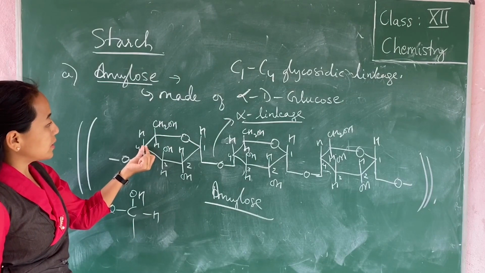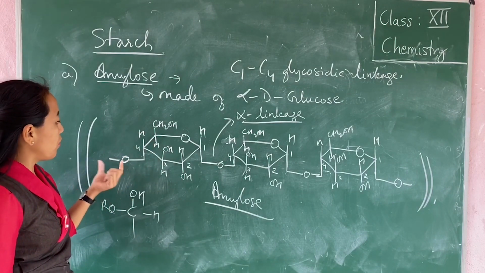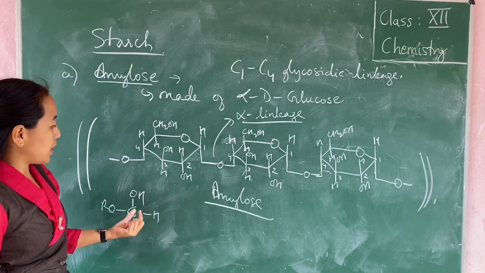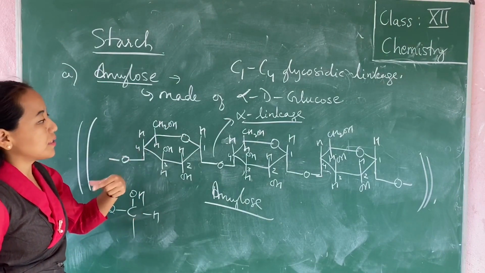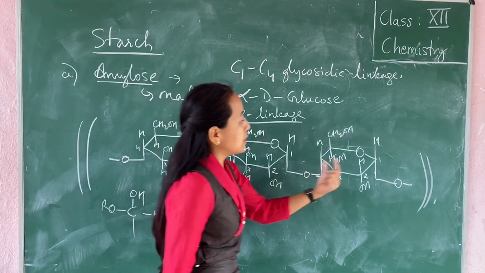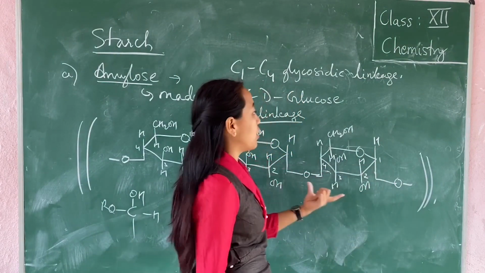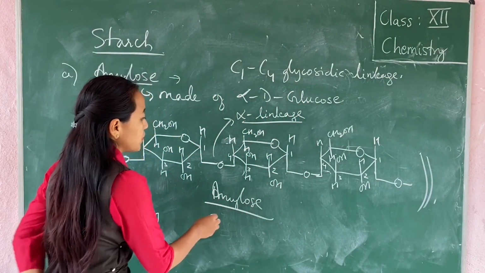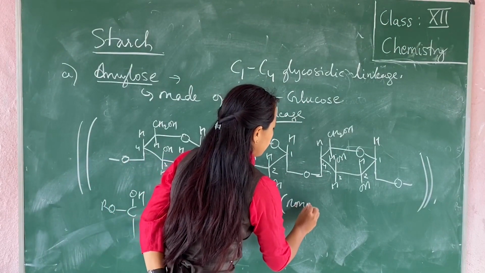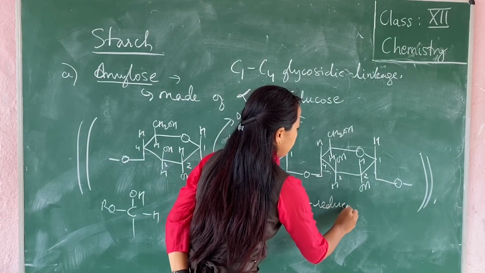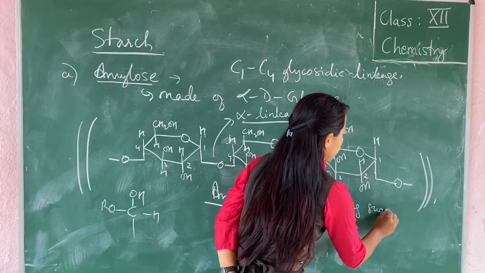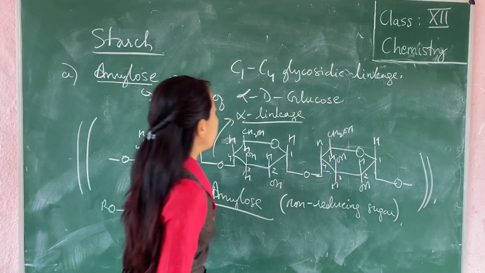Look at this carbon atom, it has H, it has OR, but it does not have OH on this carbon atom. Similarly, let's take this carbon, H, OR, but it does not have OH, therefore amylose is a non-reducing sugar. So this is about amylose.